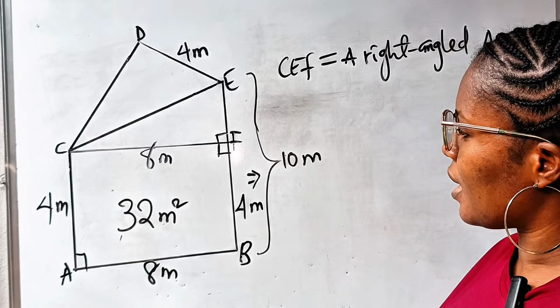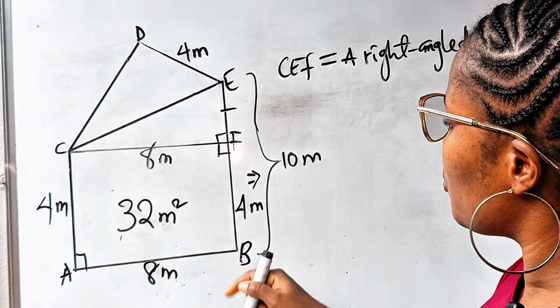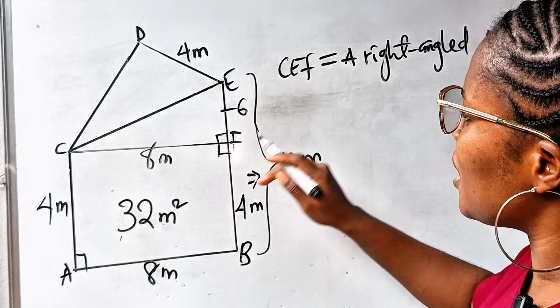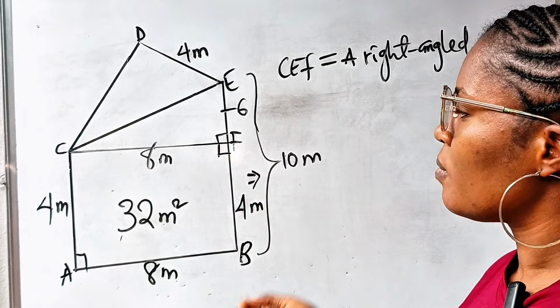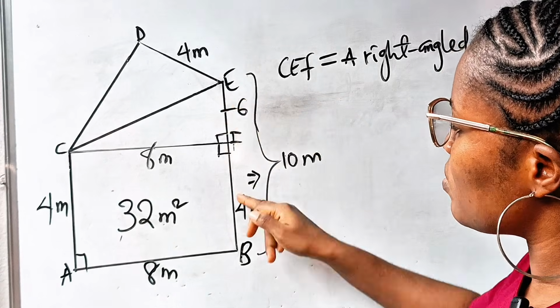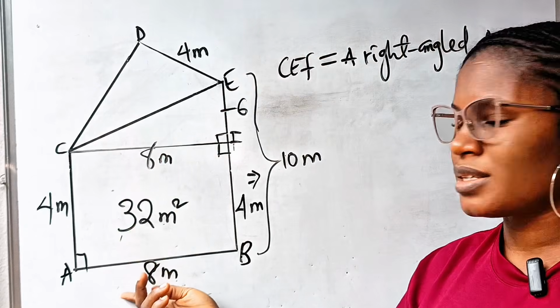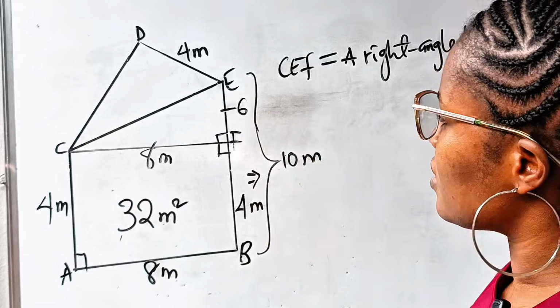So if that is the case, here will be 10 minus 4, which is 6. That is why this is not drawn to scale, because by observation this seems smaller than this when it's supposed to be bigger. But note that this is just a sketch. So from E to F is 6 meters.